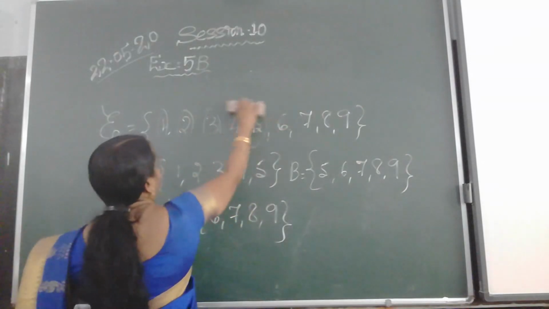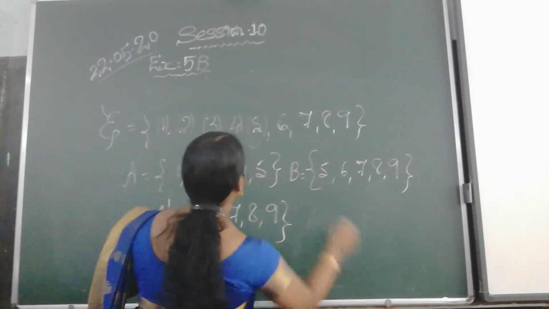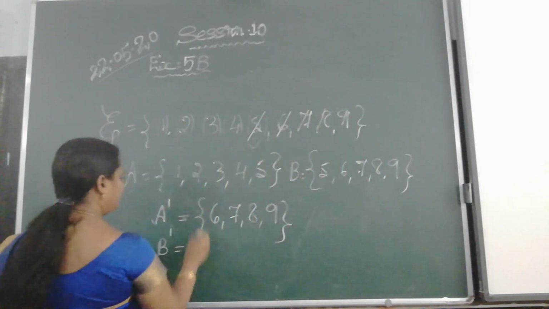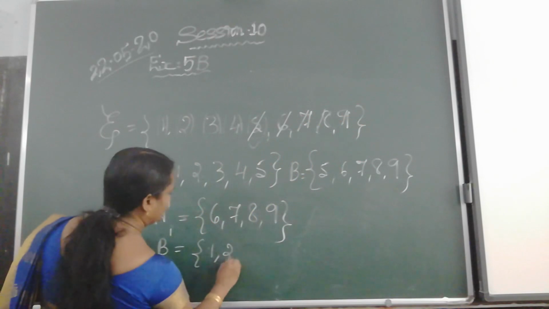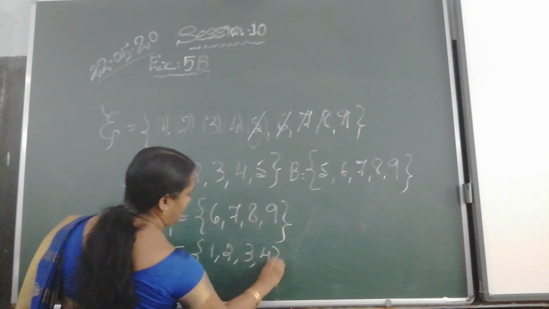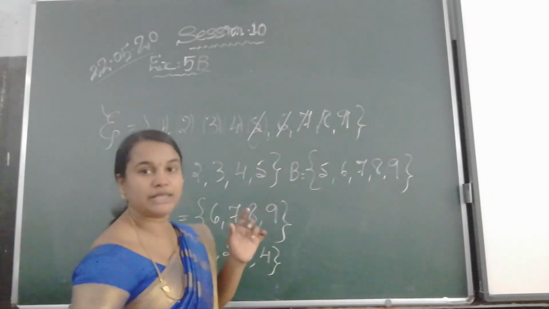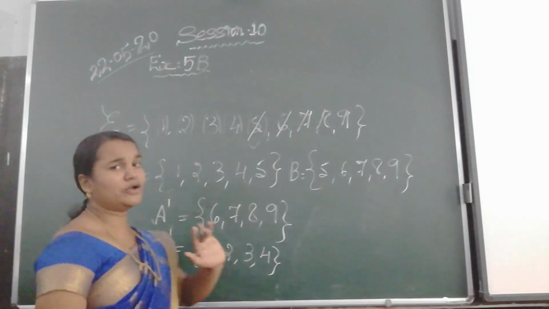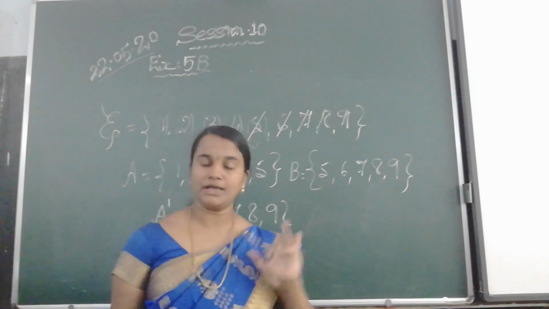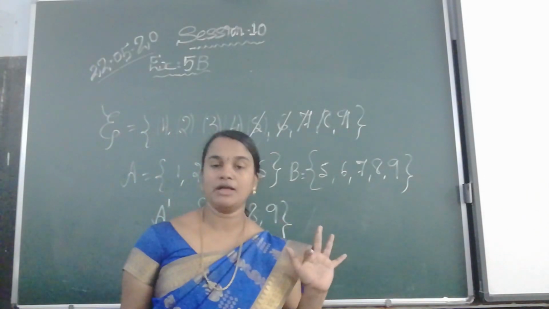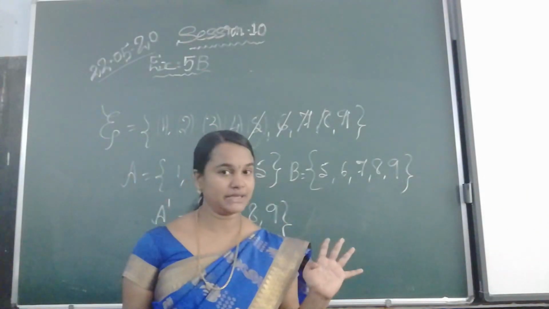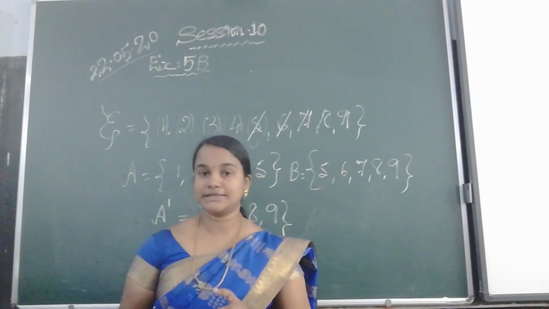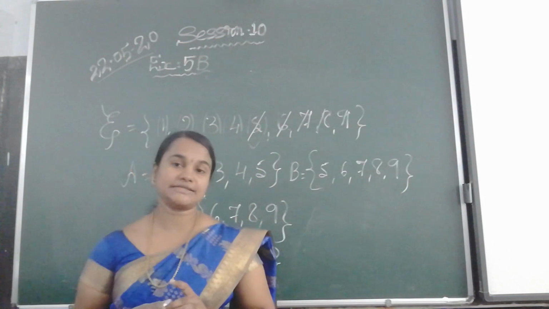Now with B, which is 5, 6, 7, 8, 9, which is left? 1, 2, 3, 4. Clear? Now I think all of you understood A union B, A intersection B, A minus B, B minus A, A complement and B complement. Only these are there in exercise 5C.